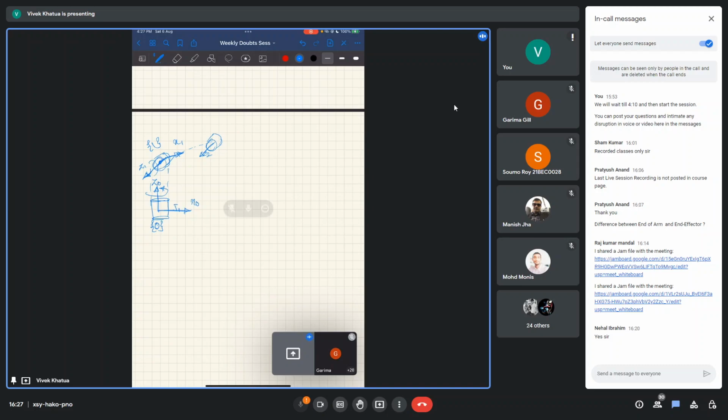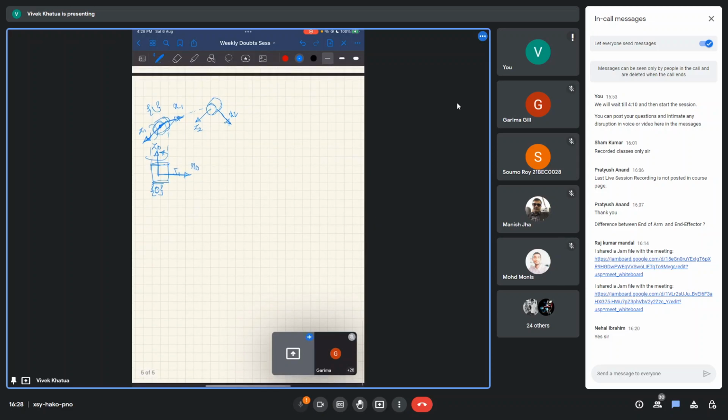And this is z2. x2 will be pointing somewhere here. I'll write it a little legibly. So this is how we generally give our frames to any link.